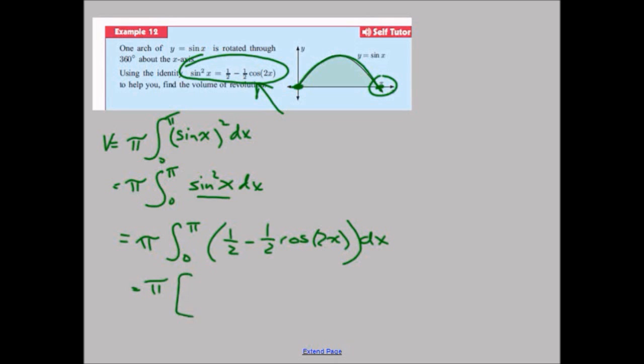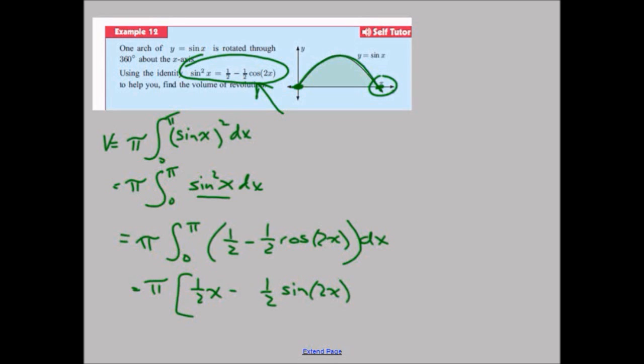So integrating, when we integrate 1/2, that's 1/2 x. When we integrate cos, it becomes sine. So that remains negative. It becomes a sine instead of a cos.